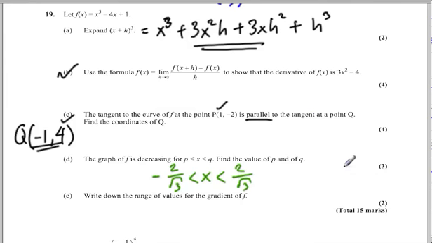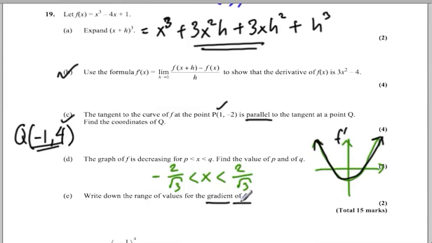Once again, we could have just left that graph, but I'll draw that again. So the graph is like this, and this is the f prime graph. The range of values for the gradient just means slope.